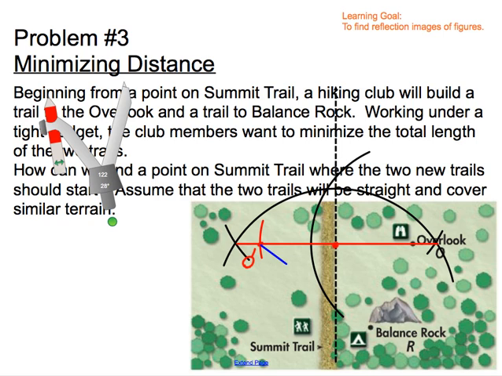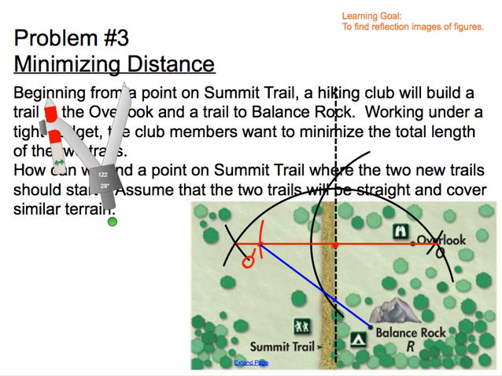So now let's connect Overlook Prime with Balance Rock. You'll notice that now that Overlook is on the other side of Summit Trail, we have this intersection point with the line of reflection.